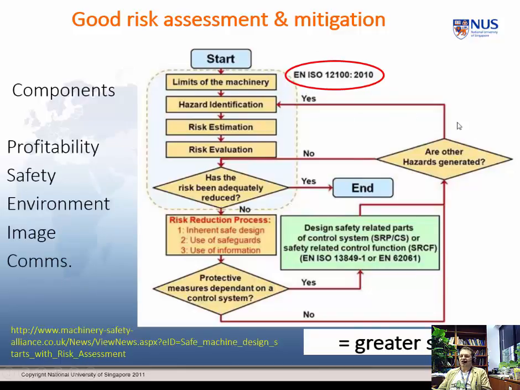This is the equipment engineering ISO standard which you would use. So you have basically a loop system which, provided you can get below the threshold, will improve the safety of, in this case, a piece of machine. And again, you have a number of components, reasons why you might want to be doing this.